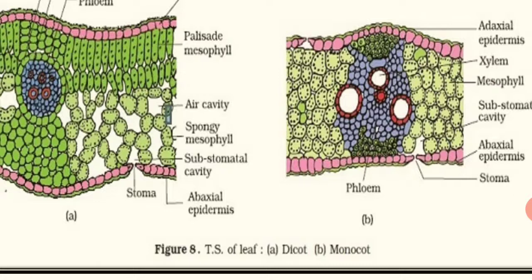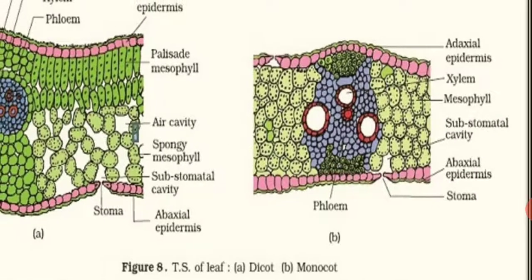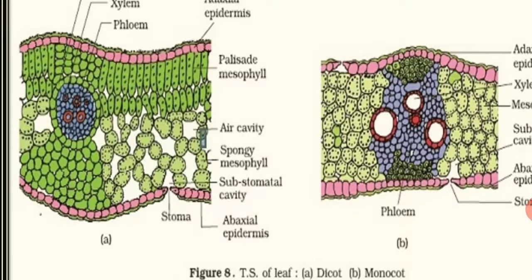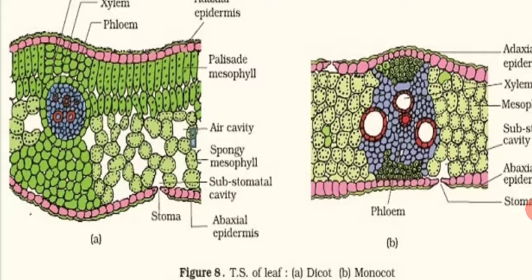In the isobilateral leaf, you can easily see the mesophyll cells filled with chlorophyll, and in the center the xylem and phloem are in the form of bundle tissues, in a very large amount.